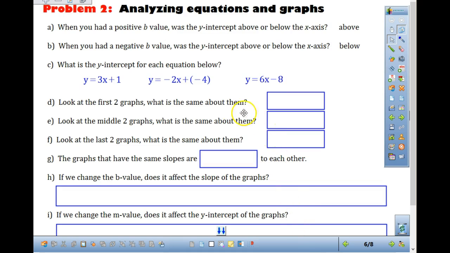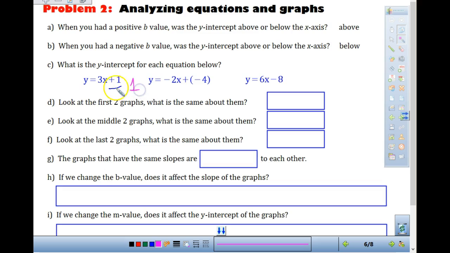So as we take a look, it says, well, what is the y-intercept in each of these below? So the first one, as I take a look, Jordan, that first one, what am I adding? My y-intercept should be 1. So when I take a look at that first one, my answer would be 1. I could also write it as an ordered pair 0, 1. The next one, as I look at, Grace, would be what?